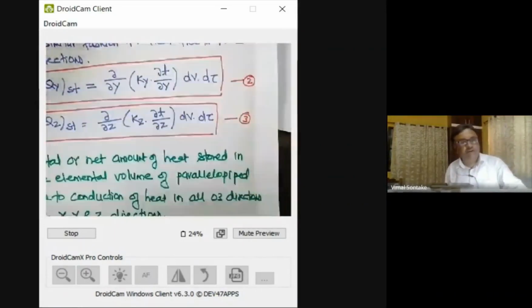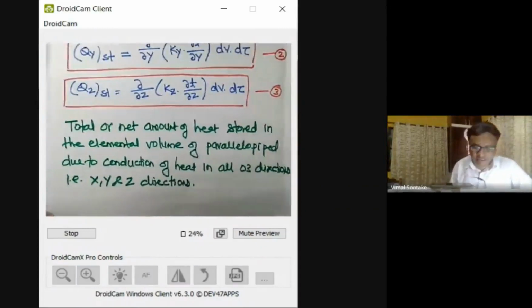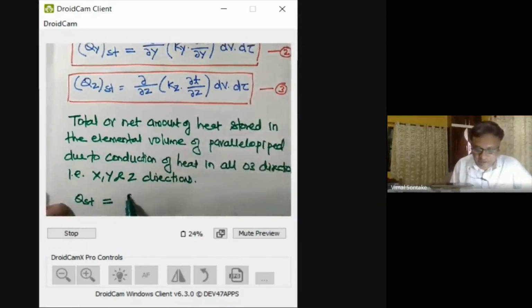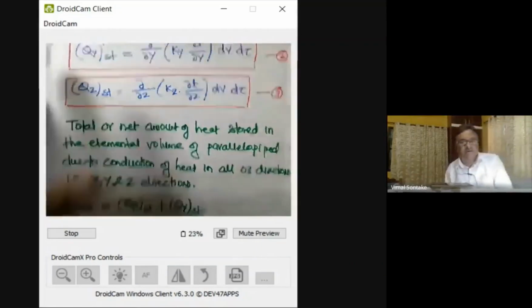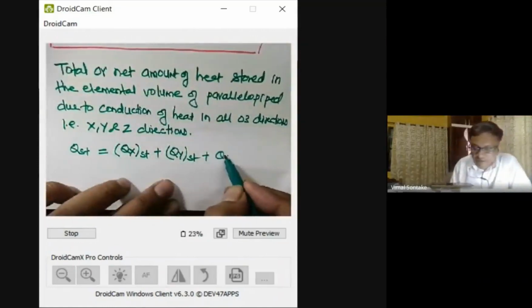So how can I find out this total amount of heat stored in the element due to heat flow or conduction of heat in the X, Y, and Z directions? So this Q stored can be the summation of heat stored in the element due to heat conduction in the X direction, plus heat stored in the element due to heat conduction in the Y direction, and heat stored in the element due to heat flow in the Z direction.